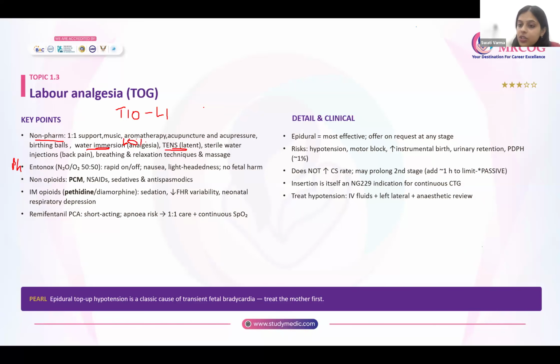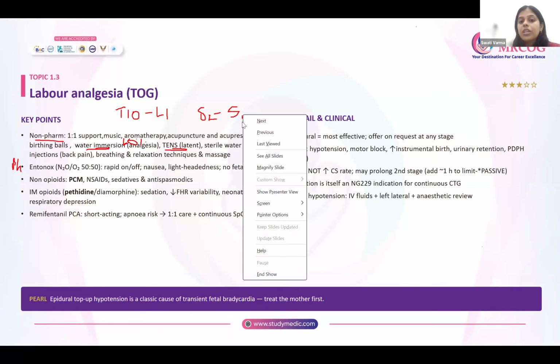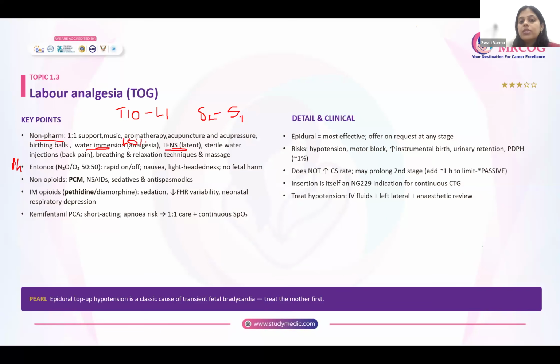Whereas in second stage of labor, when the baby is distending the cervix and perineum, the main pathways which come into picture are S2, S3 and S4 pudendal nerves. So before reading about labor analgesia, it is necessary that we know about these pain pathways also. Then let's come to the pharmacological measures.